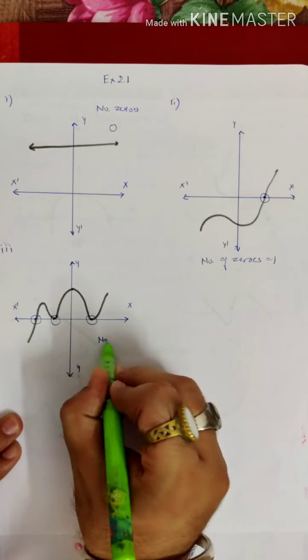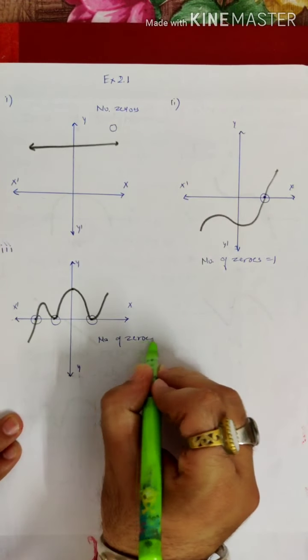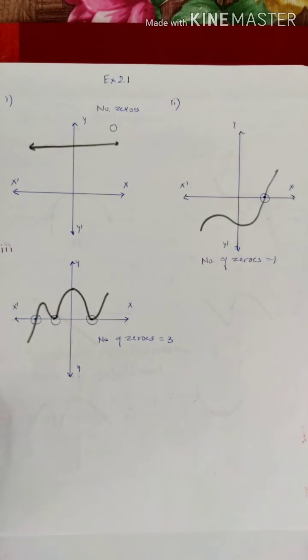Therefore, we have the number of zeros as 3. So this is how we can find the number of zeros or the degree of the polynomial with the help of the curve. The number of intersections of the x-axis tells the number of zeros, as well as the degree of the polynomial.